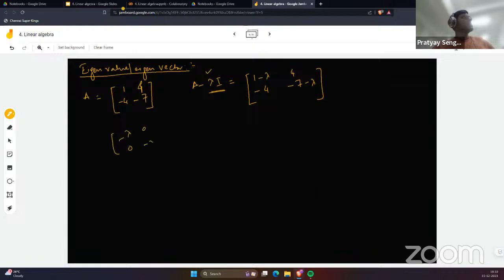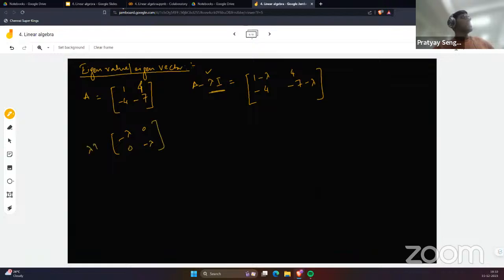So let's consider an example, say the matrix 1 4, minus 4 minus 7. What is given is, if I do A minus lambda I, that will come as 1 minus lambda, 4, minus 4, minus 7 minus lambda, right? Lambda I will look like lambda 0, 0 lambda.